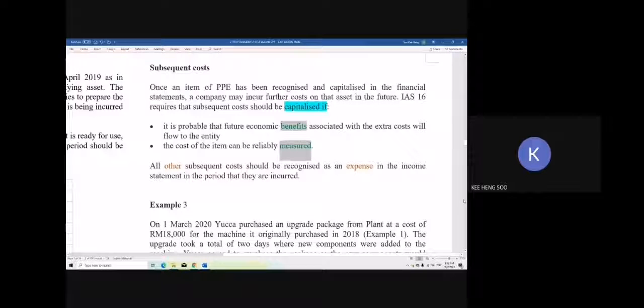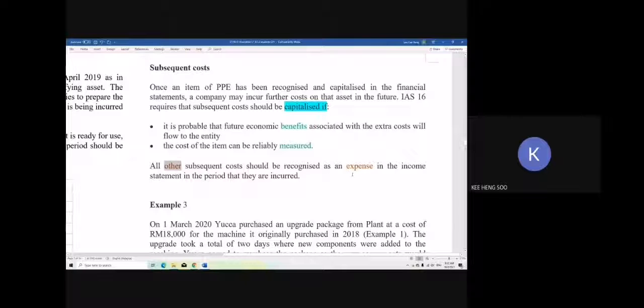Year 1, year 2, year 3, year 4, year 5, you depreciate it until zero already. But you don't throw away. You just change the whole engine. You spend 5,000 to change a new engine and do the major overhaul of the car. This 5,000 creates future economic benefit. The lorry still can be used, the van still can be used. So this 5,000 can be the cost of the lorry or the van. Other than that, it is a repair, which will be recognized as an expense.